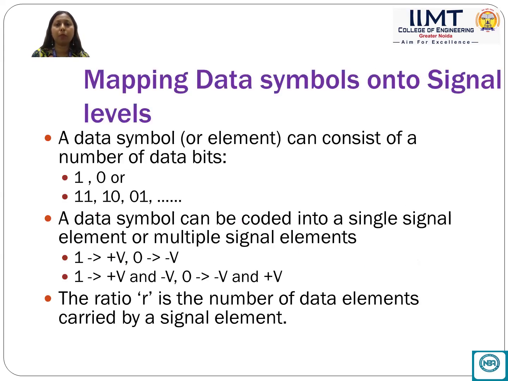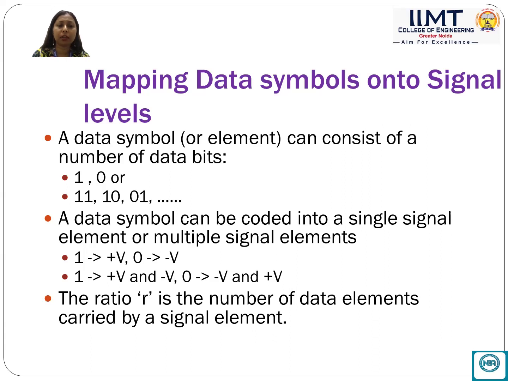Mapping data symbols and signaling levels. A data symbol or element can consist of a number of data bits, that is 1 or 0, or 11, or 10, or 00. A data symbol can be coded into a single signal element or multiple signal elements by considering its level.